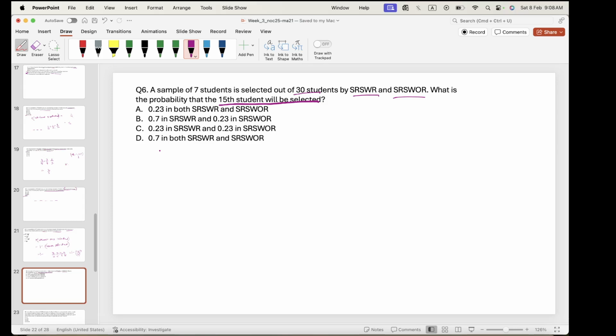We just want to know the probability that the student will be selected. So that is the same for SRS and SRSWR. That is 7 by 30, which should be something close to 0.23. So it should be C.